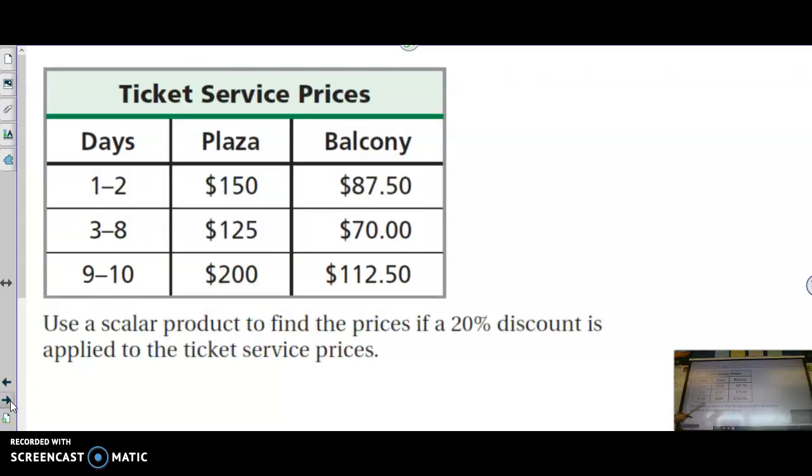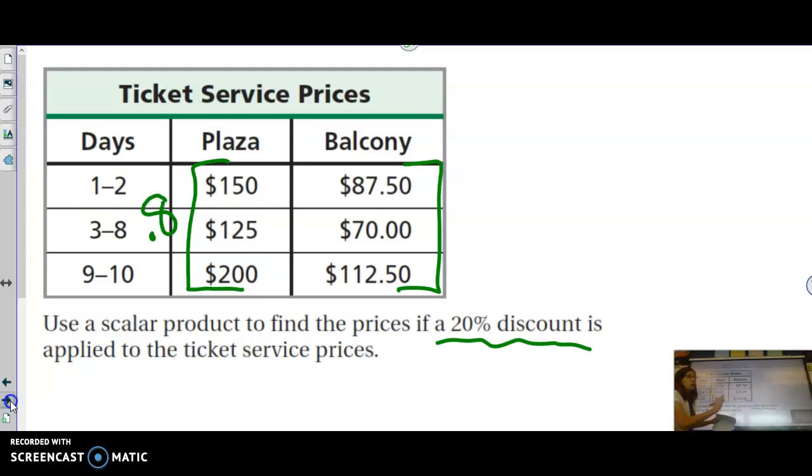Okay, in this case, it talks about using scalar multiplication if there's going to be a 20% discount on all of these ticket prices. Well, if there's a 20% discount, that means we're not paying 20% of the total, but we are paying the other 80. So we actually need to take all of these values, so this would basically be my matrix here, and I have to multiply all of them by 0.8. Because if you save 20%, you're paying 80% of the original price.